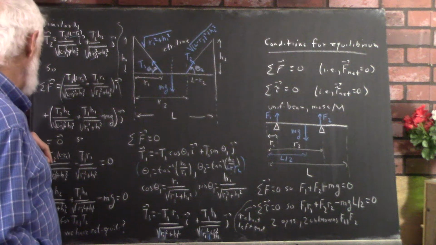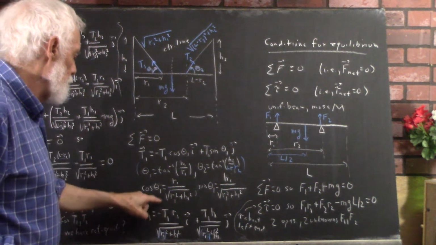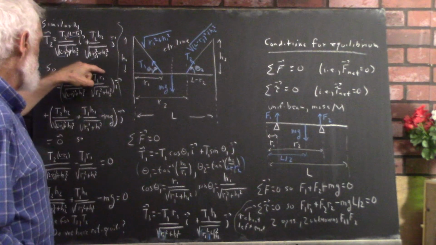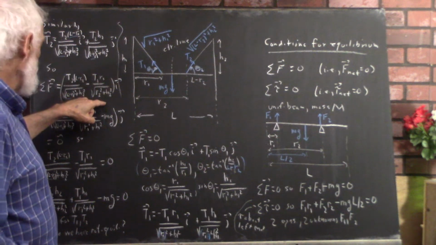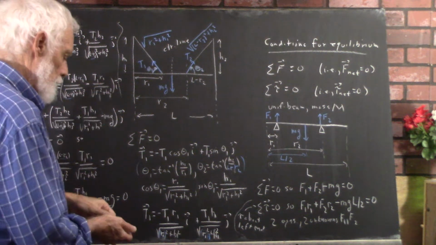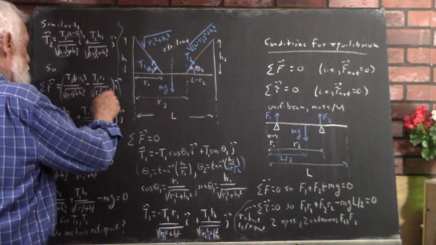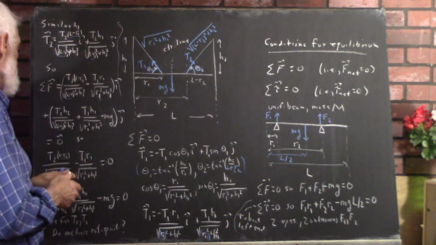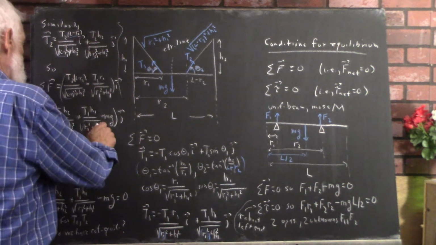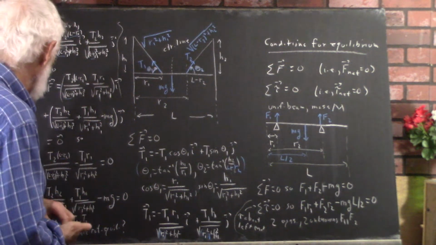And the I component of T1, you see right here, is just T1R1 over that hypotenuse, and that should be R1 squared plus H1 squared, not R2 squared, plus H1 squared. Okay? Careless with my subscripts. Now there's a 1 on that H. It's a little hard to see.